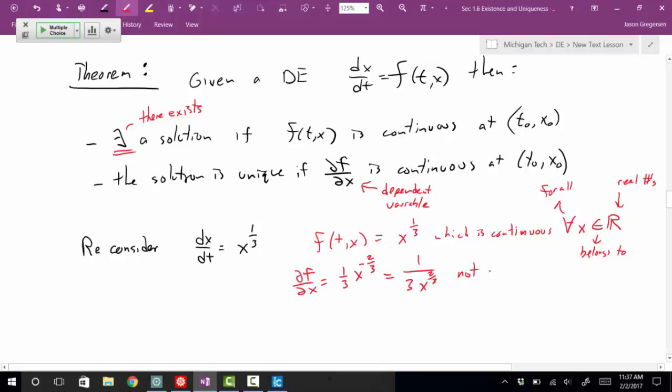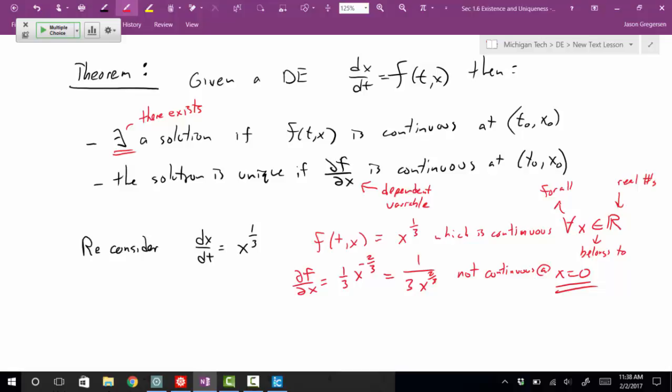Which is not continuous at x equals 0. And that was the problem. My initial condition was at x equals 0. And because that partial is discontinuous there, I can't guarantee there is a unique solution. And sure enough, there wasn't a unique solution.